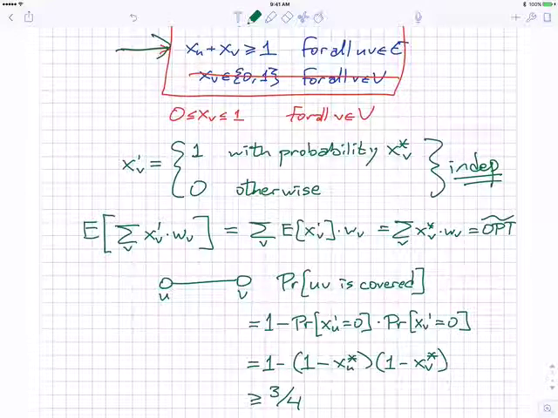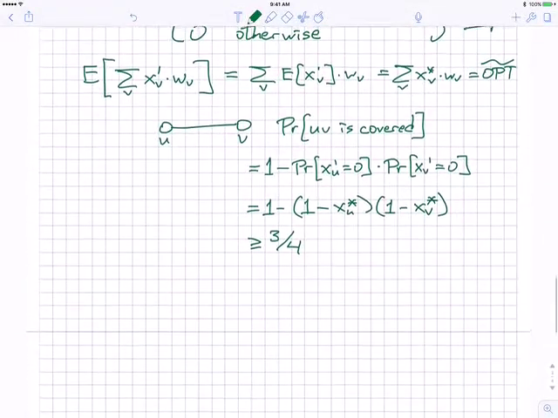Now, if I run this experiment twice, independently, and take the set generated in experiment 1 and the set generated in experiment 2 and union them together, then the probability that an edge is going to be covered is at least 15/16. I have a probability 1/4 of it being uncovered here, and a probability 1/4 of being uncovered here. The probability that it's uncovered in both is going to be 1/16. Okay?